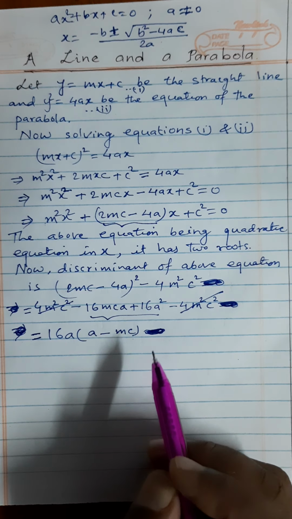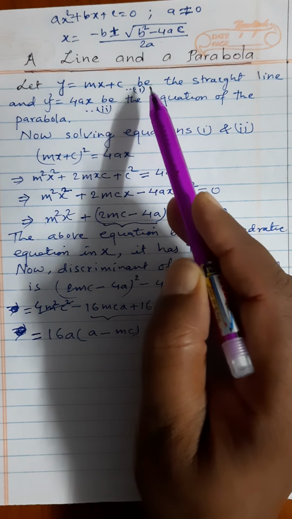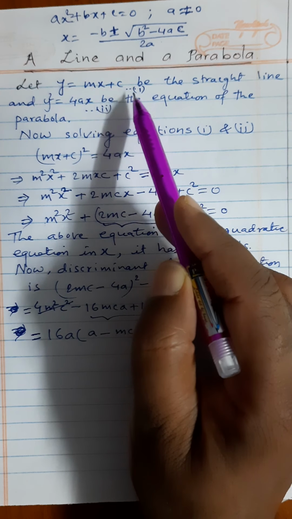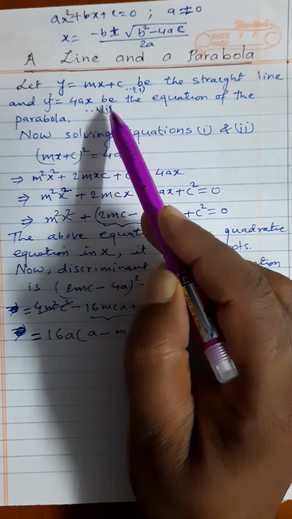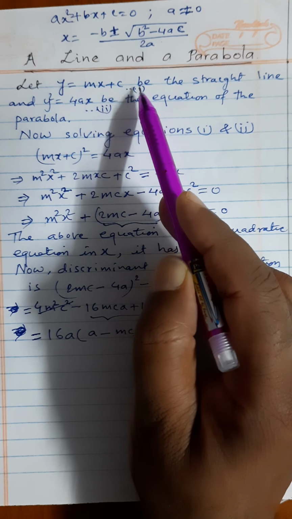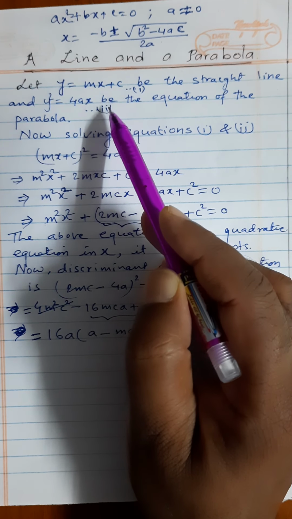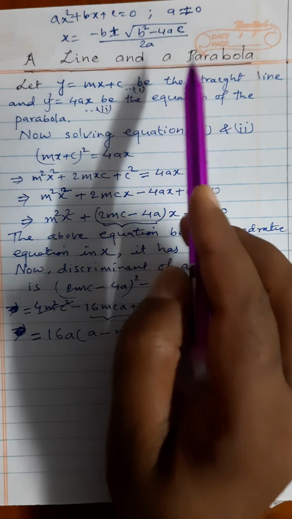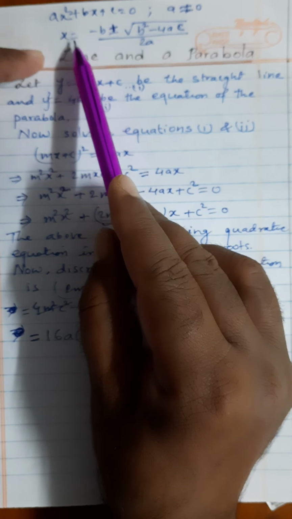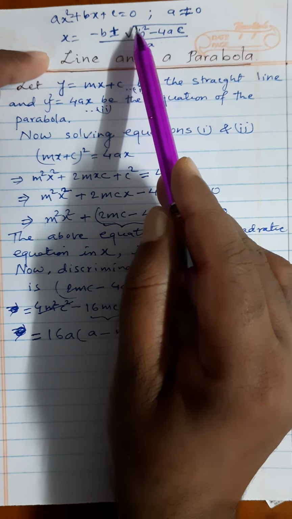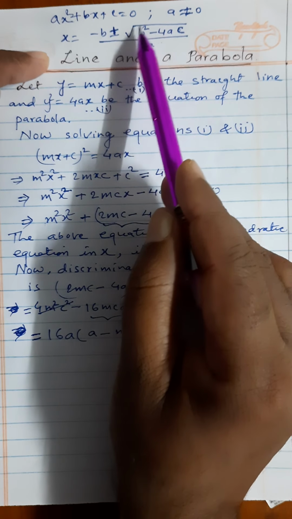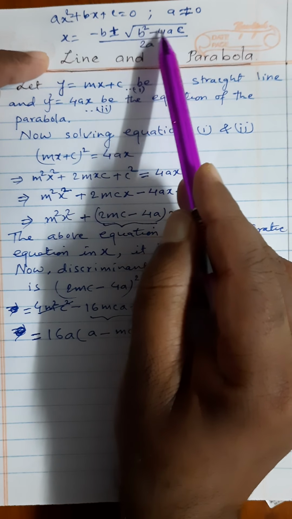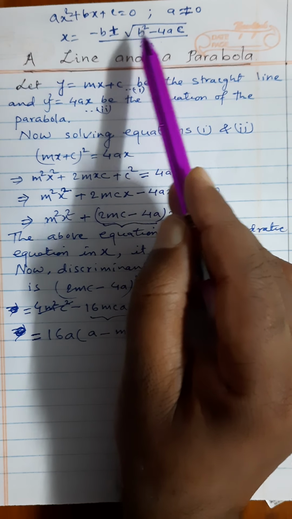And here whether the line touches this parabola, or whether the line doesn't intersect the parabola, or whether the line intersects this parabola at two different points, depends upon the nature of this discriminant. If the part inside the root is bigger than 0, then minus b plus that value over 2a gives one value.